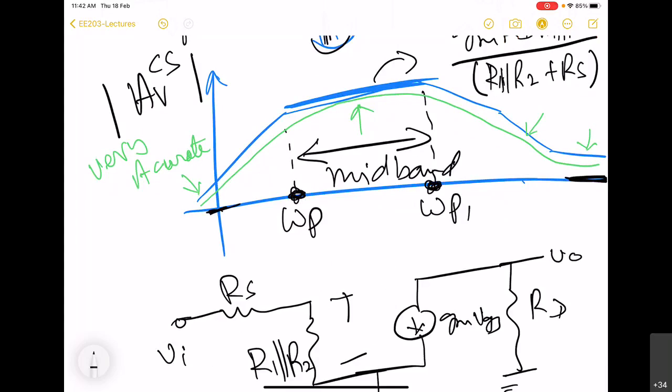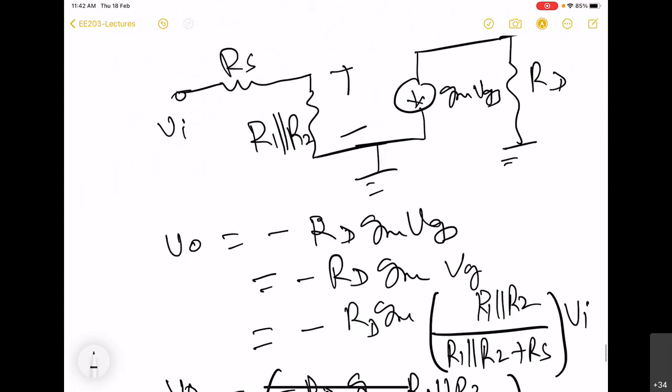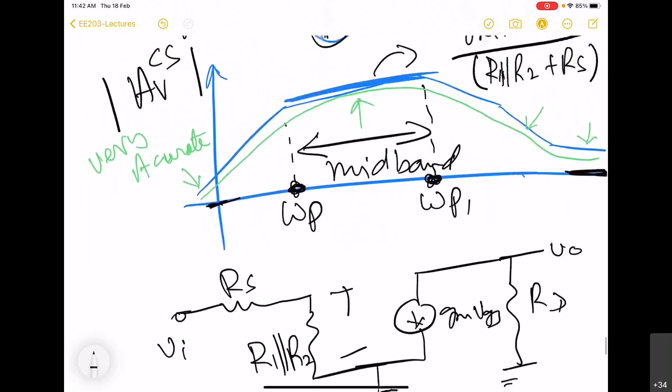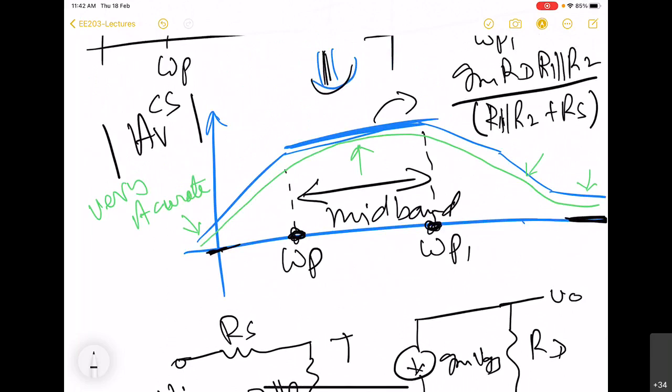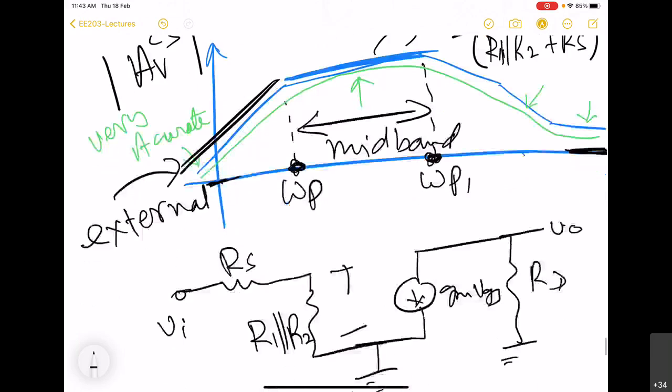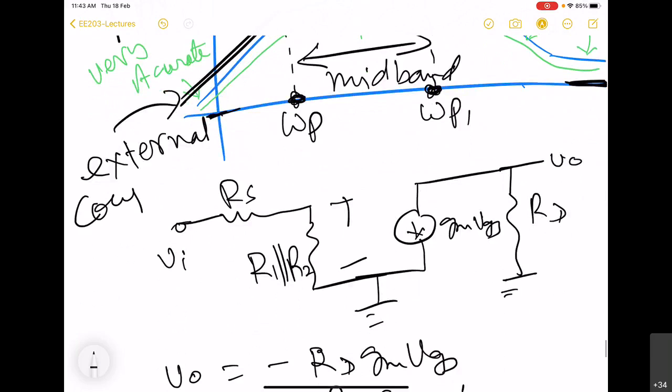Okay, so now this is about the common source amplifier. In fact, most of the amplifiers will have this kind of behavior: low gain for low frequency, low gain again for high frequencies. And here we know that this portion results because of the external coupling capacitors.